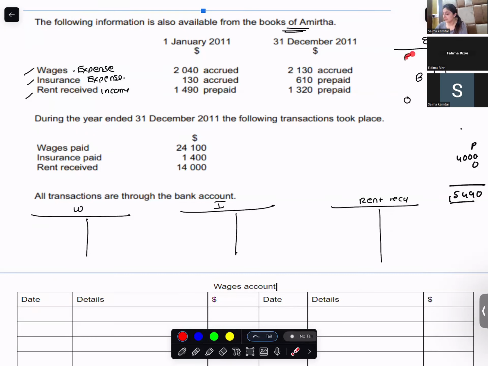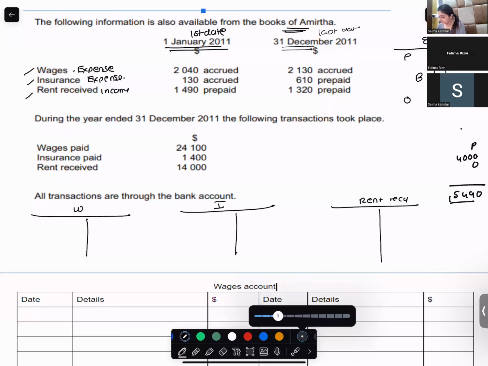Okay, which is the first date and which is the last date? January 2011 is first date or last date? First date. 31st December 2011, first date or last date? Last date. Very good. Accrued means what? Accrued is outstanding.